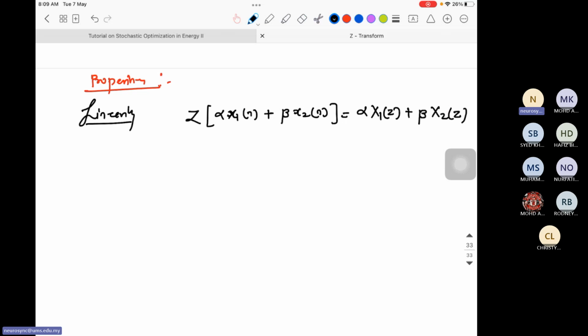This is the linearity property of the Z transform, like we have seen in the DFT and DTFT.